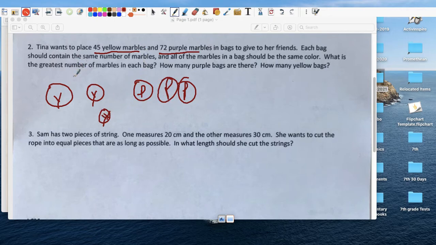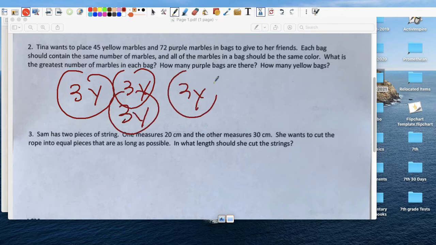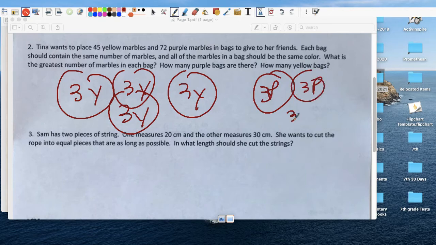So let's say, for example, we do 3 yellow. All the bags, 3 yellow, 3 yellow, 3 yellow. And the purple should also be 3 purple, 3 purple, 3 purple, right? It's the same number. But the question is how many purple bags and how many yellow bags, okay?